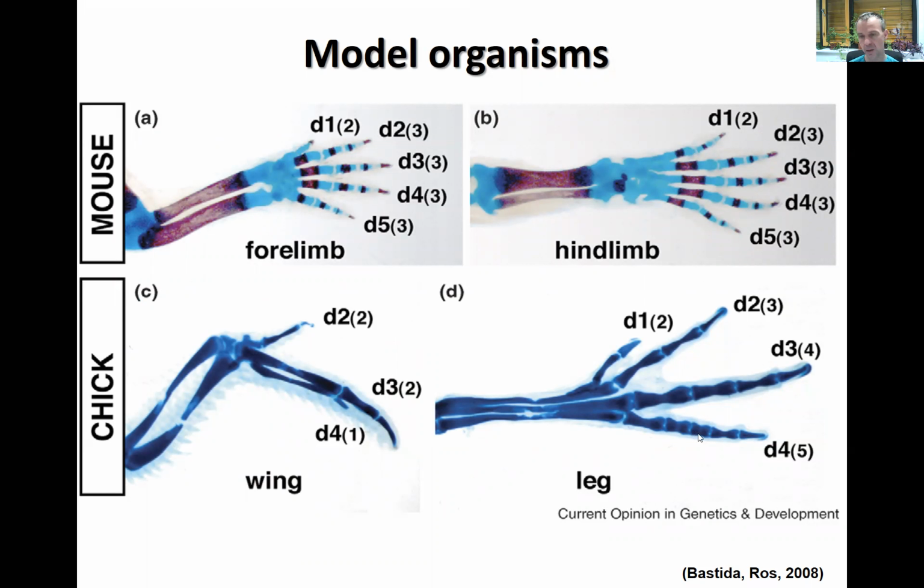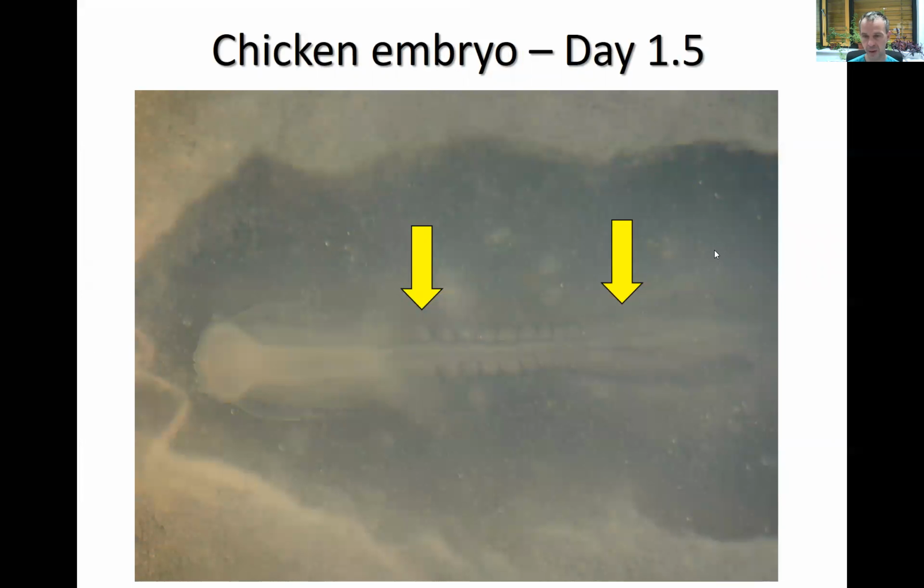As you can see in chicks, that means in birds, the number of digits is smaller than the number in mammalia, which is planned as a 5-1. And we can see that the limbs are already present as buds just at day 2. We can nicely see them.